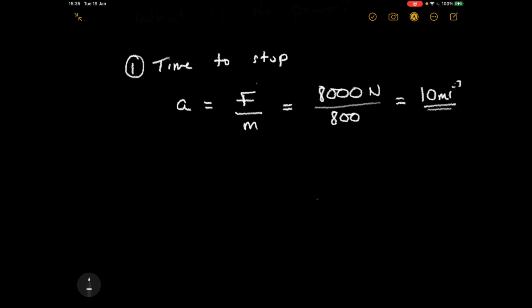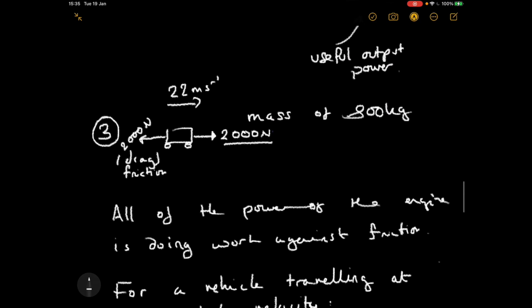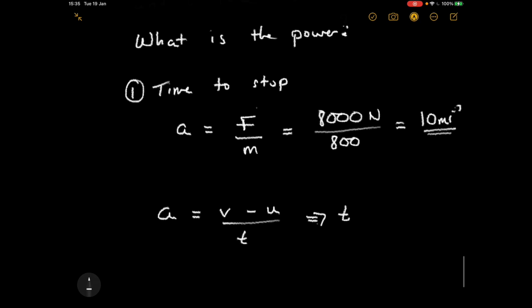Then we can use a equals v minus u over t. So therefore the time to stop is going to be v minus u, so it's travelling at 22 meters per second.